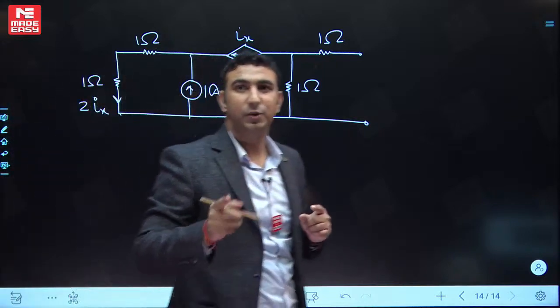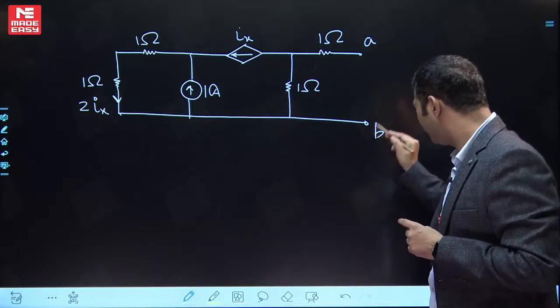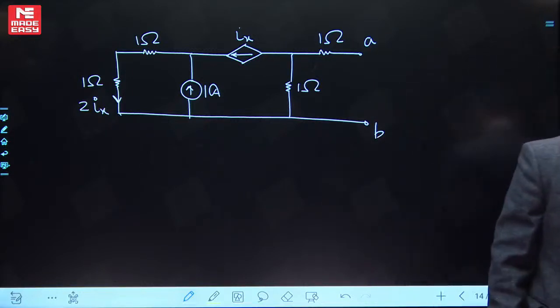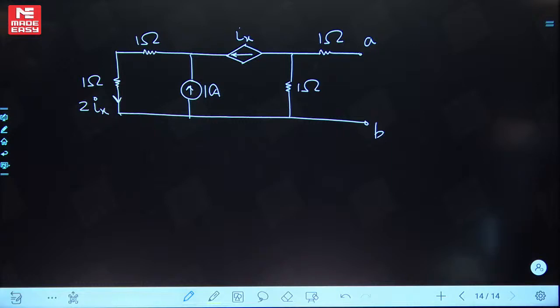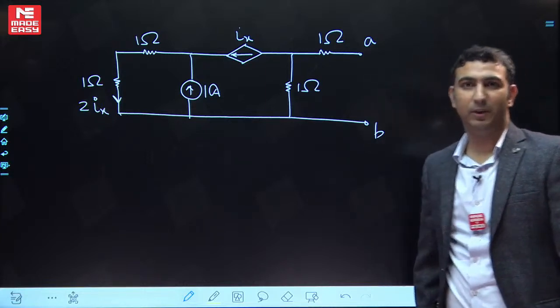I'm giving you 30 seconds. Quickly calculate the Thevenin resistance for this question between the terminals A and B. Quickly do it. Calculate RTH. Find it.